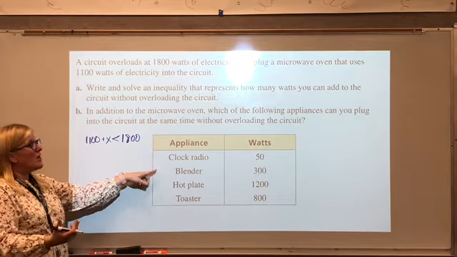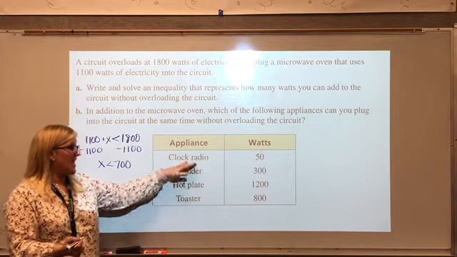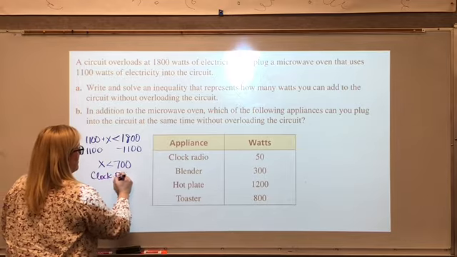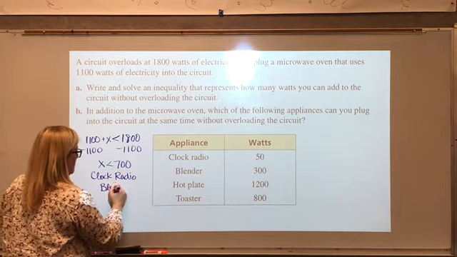Well, I'm going to get x by itself, and I have x is less than 700. So what can I put in there? Well, I can't do the toaster, that's over 700, but I can do the clock radio and the blender. Okay, so that's the answer to that one.